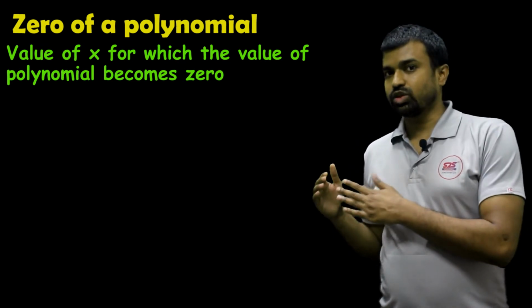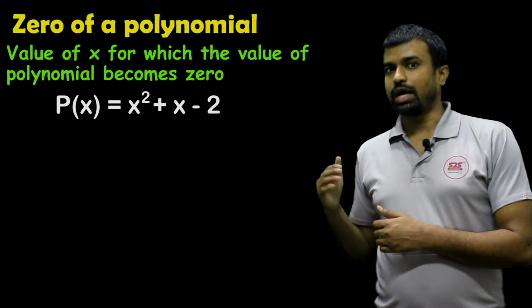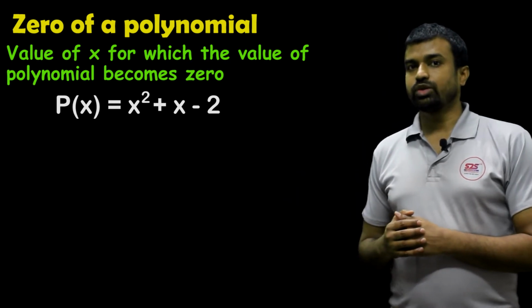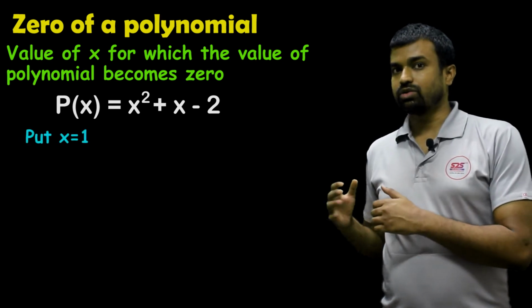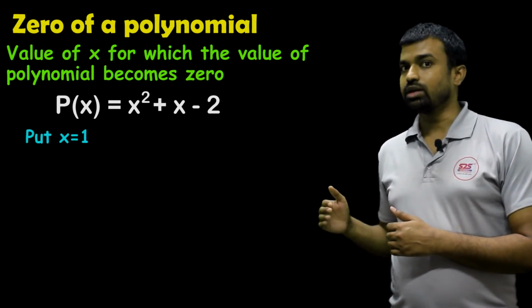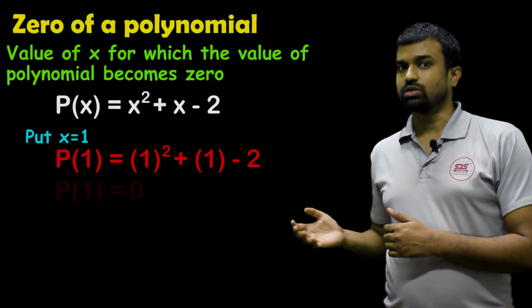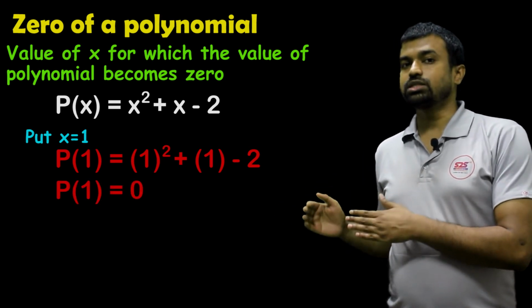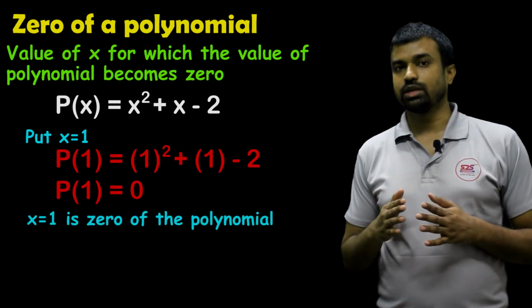Let's take this polynomial p(x) is equal to x square plus x minus 2. If you put x is equal to 1 here, what value of the polynomial are we getting? We are getting 1 plus 1 minus 2, that is 0. So it means x is equal to 1 is a zero of this polynomial.